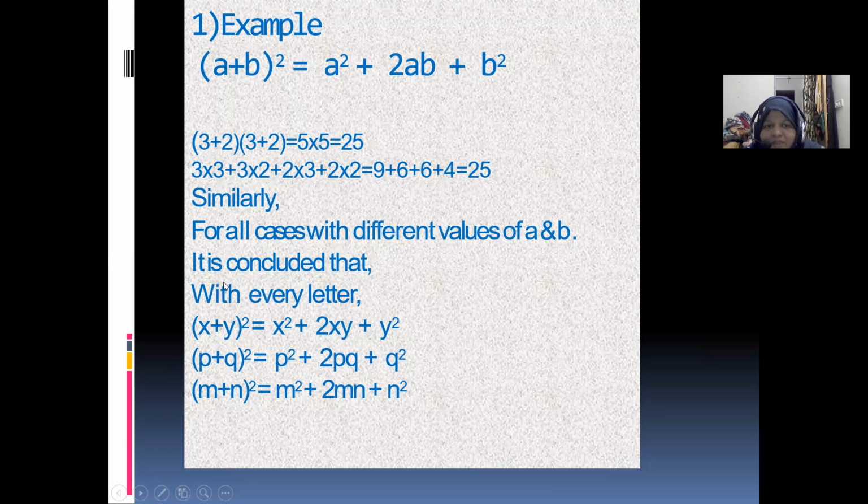values of a and b, it can be concluded that with every letter, (x + y) whole square is equal to x square plus 2xy plus y square. (p + q) whole square is equal to p square plus 2pq plus q square. (m + n) whole square is equal to m square plus 2mn plus n square.